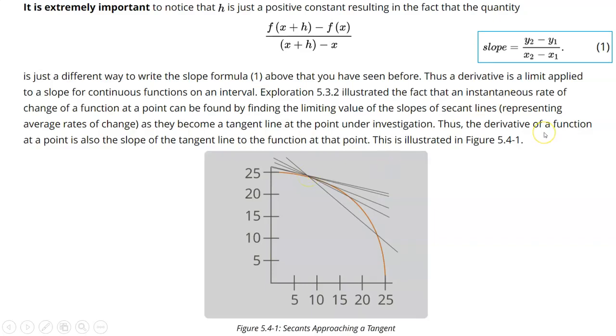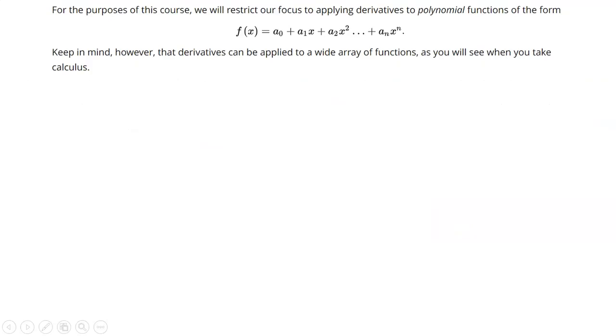So the derivative of a function at a point is the slope of the tangent line that we're approaching. That's that whole idea of h getting closer to 0. We're making these lines closer and closer and closer to the tangent. Okay, a little bit more on the pre-reading is this definition here. We're going to be applying derivatives to this form of functions.